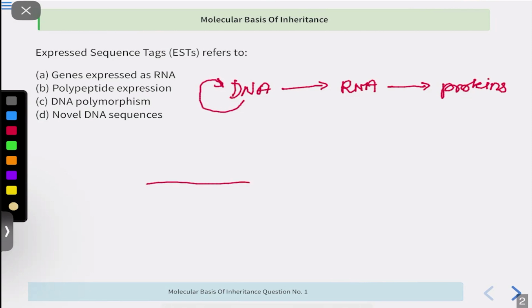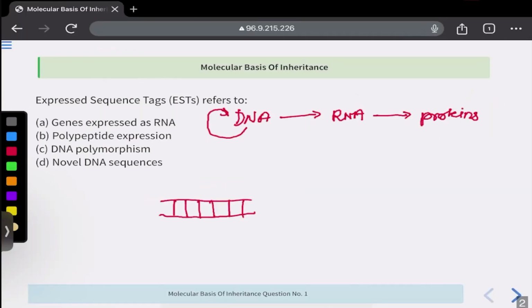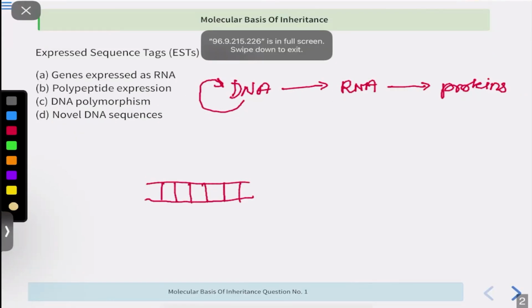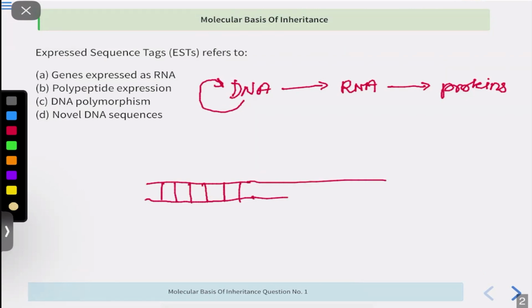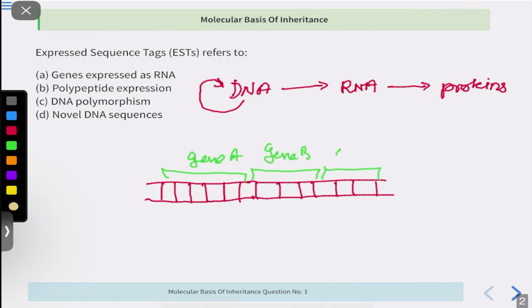Now, suppose this is the DNA. I will extend the length a little bit. DNA contains genes. This is gene A. This might be gene B. This might be gene C. So, even genes contain portions.